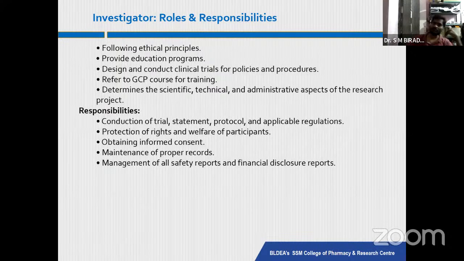The right way means you should explain all the pros and cons of the trial. He should also maintain proper records and present the status of the clinical trials to the review committees.